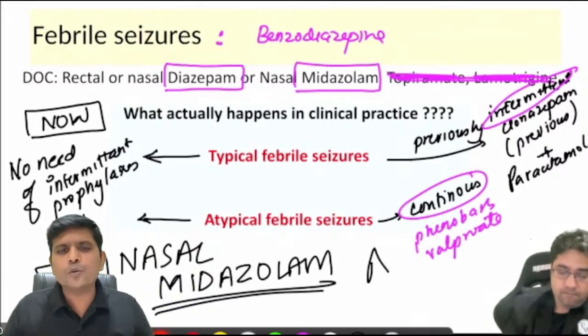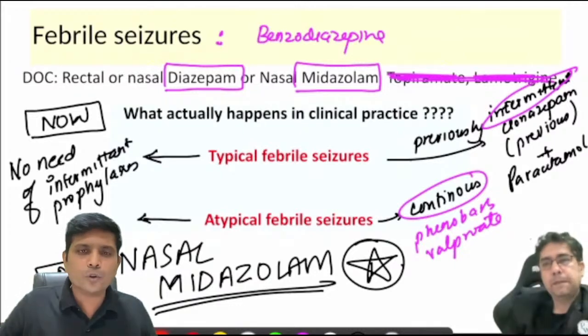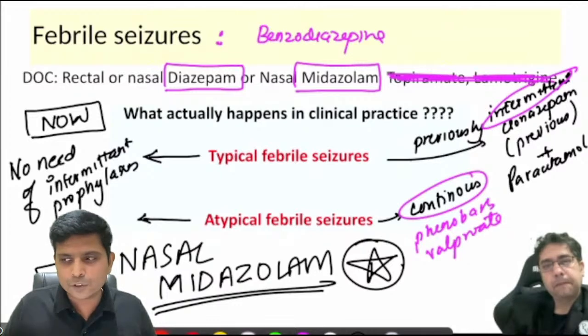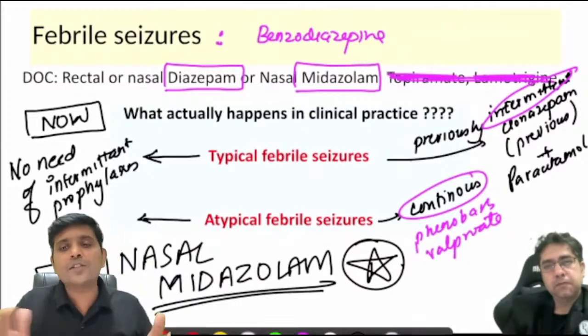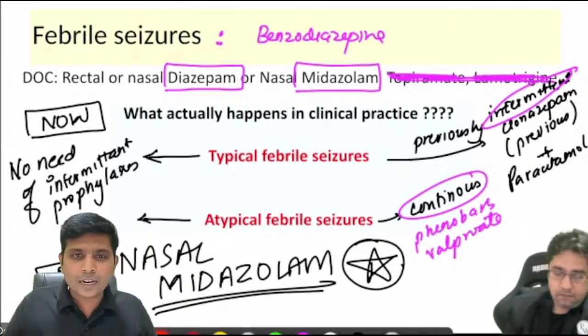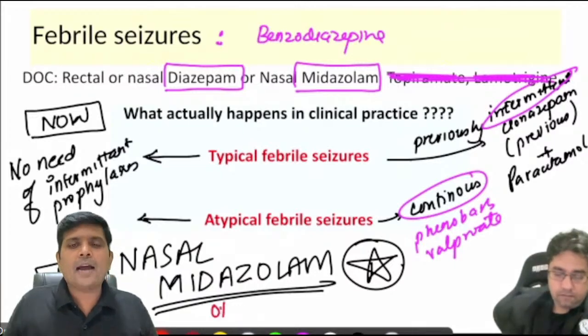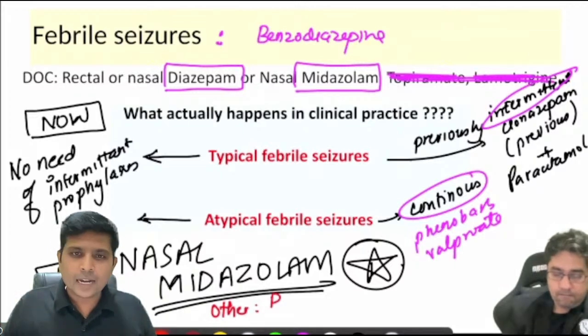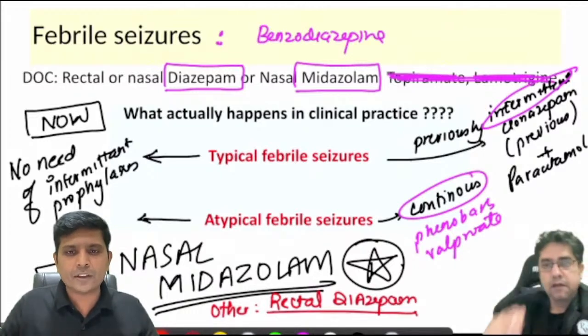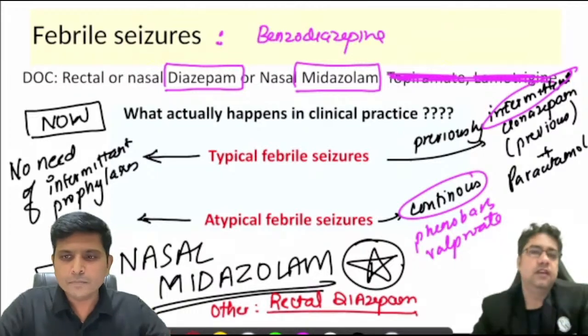And with respect to the acute event, when the child is having seizures, at home midazolam nasal spray is the drug of choice. When the child comes to the hospital, based on availability, intranasal midazolam as well as rectal diazepam have equal efficacy. As a result, anything can be used, no issues. Both have the same safety and efficacy. That's it. Okay, sir.